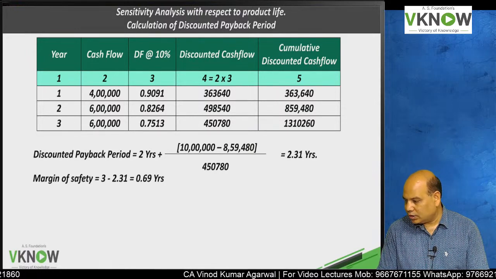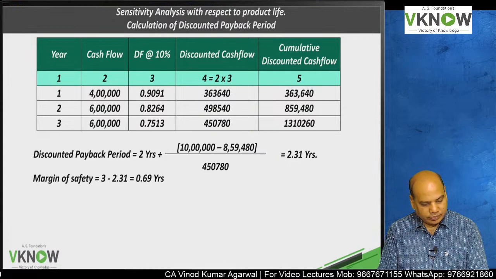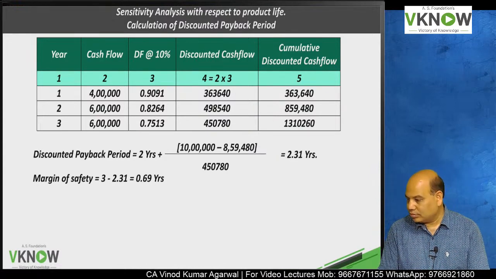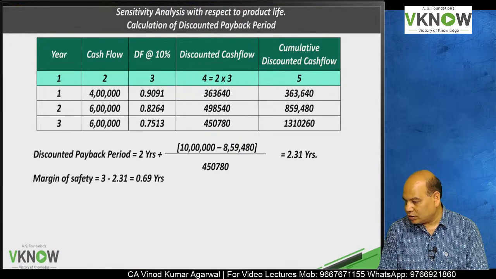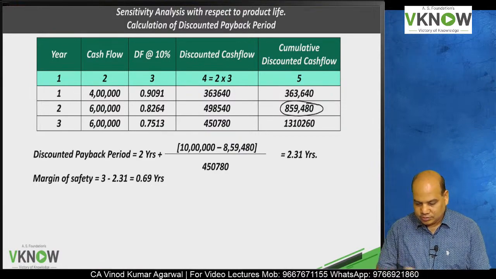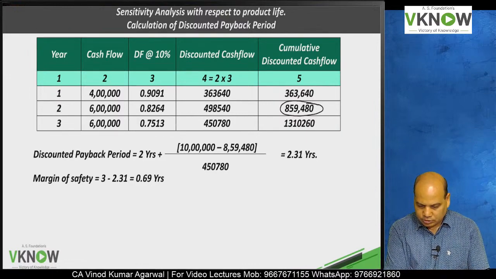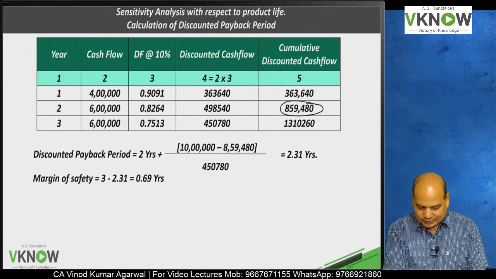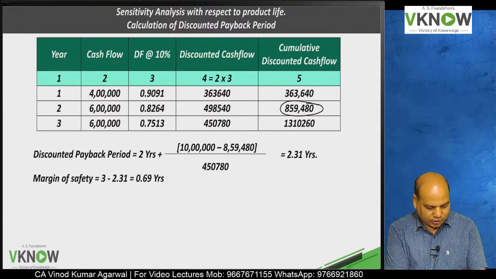Which total is 862 180. One student is saying total is 862 180. This one. Okay, change it. Let me also check. Please wait a minute. I have to check one number.